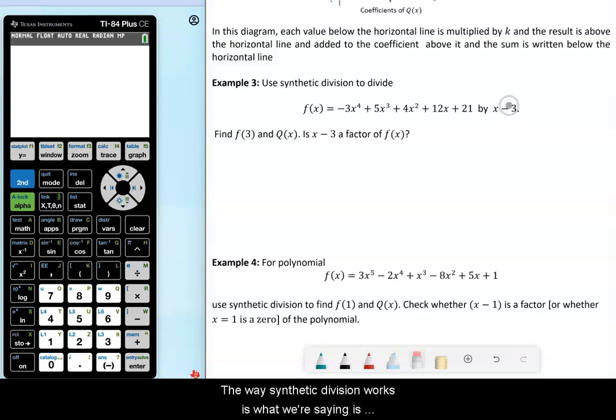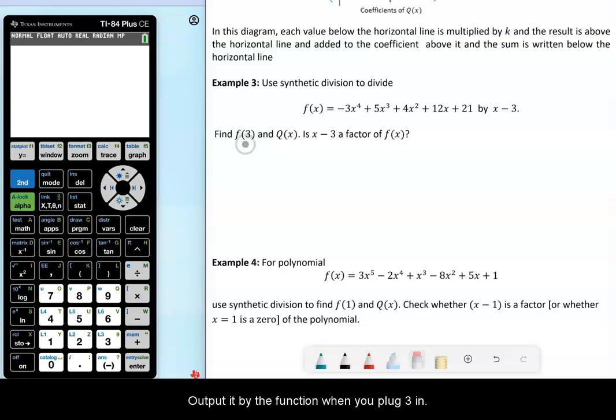The way synthetic division works is that x minus 3 is what we're dividing by. And if we do synthetic division using x minus 3, then the result we get from the synthetic division will be the value outputted by the function when you plug 3 in. So we'll find the value of f of 3. And if the value of f of 3 equals 0, then that means 3 is a zero of the function.